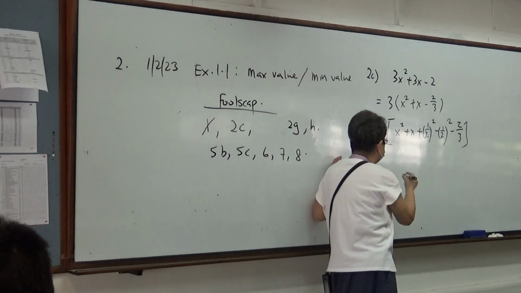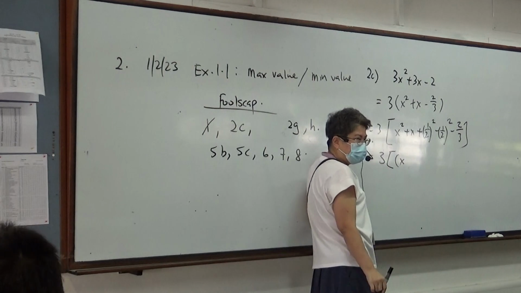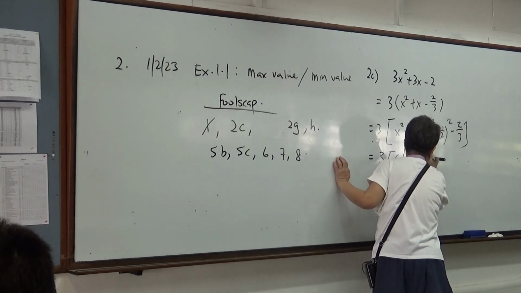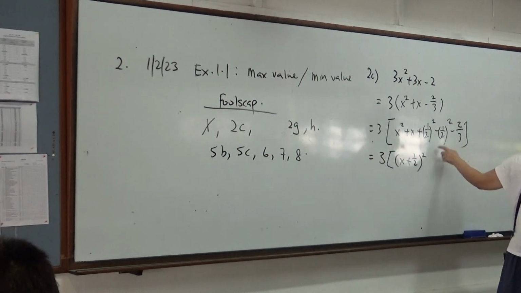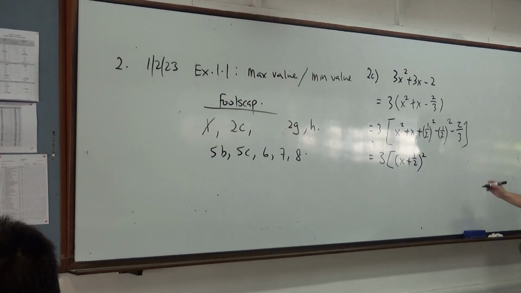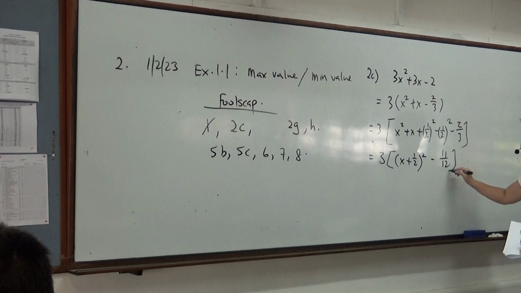Some of you anyhow do that, I'm very angry, okay? x plus half. Very good. Then 3 guess what is this? Negative what? 11 over 12. Very good.